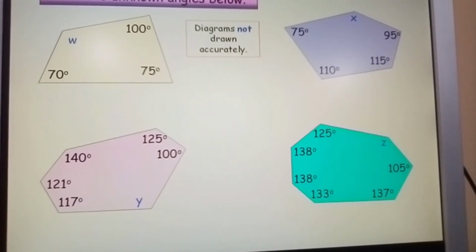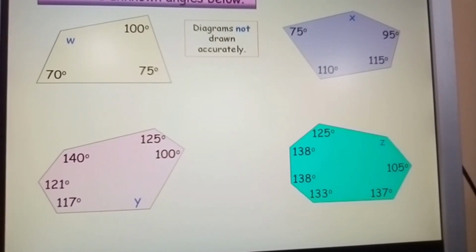We know that's two angles. Okay, so the angle W should be what?